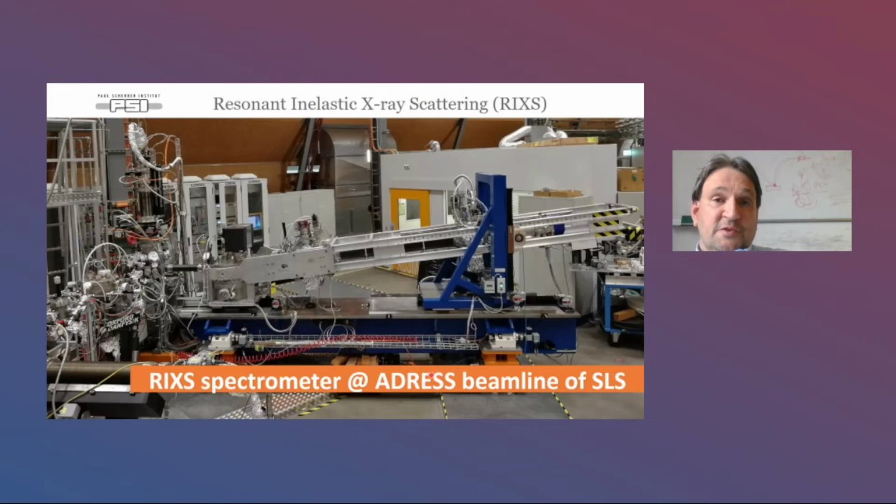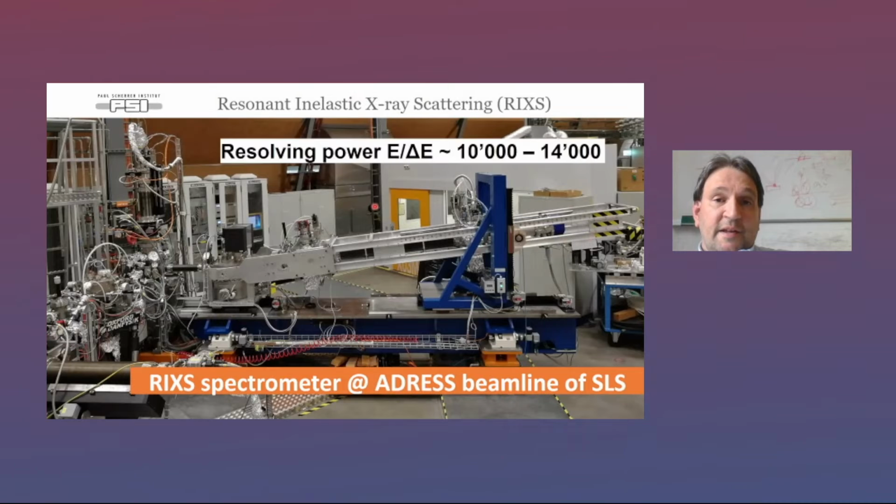That's why we are resorting to resonant inelastic X-ray scattering, which I show you here, the setup which we have at the Swiss Light Source at the Paul Scherrer Institute. This is like a 5-meter RIXS spectrometer for reasonably high resolving power. The resolving power at our facility is between 10,000 and 14,000.